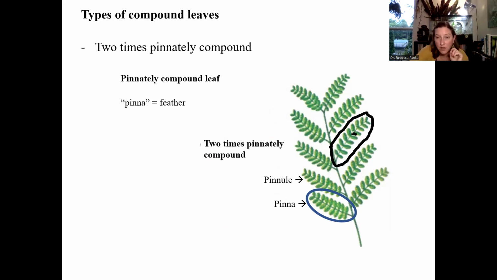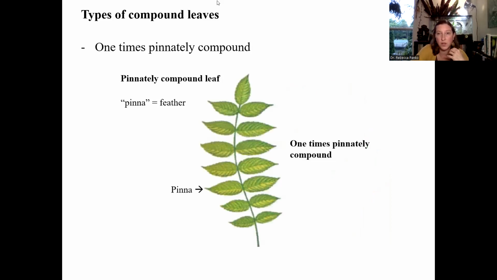So like here is one, here's another little division. So that's 2 levels, whereas on the previous, only 1 level here, right? One thing, done. I can't divide that anymore. It's just that one little thing.